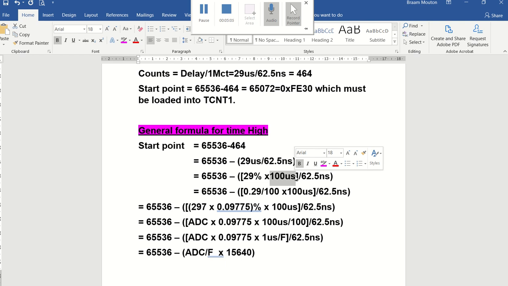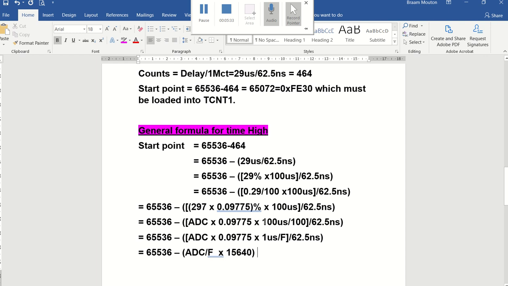And then you'll see what I've done is, because this is percentage here, this is why you will see the divide by 100 here. And this 100 microseconds is where I have changed this, because 100 microseconds is actually 1 divided by the frequency.